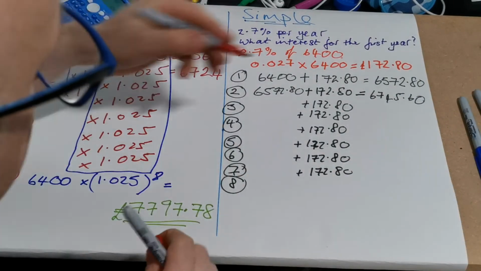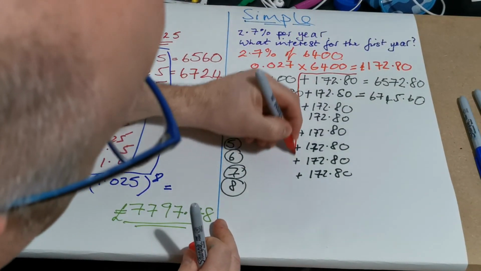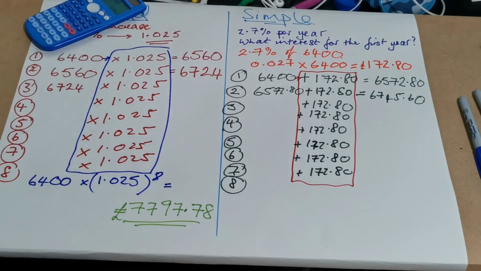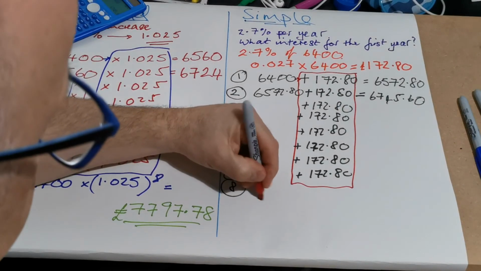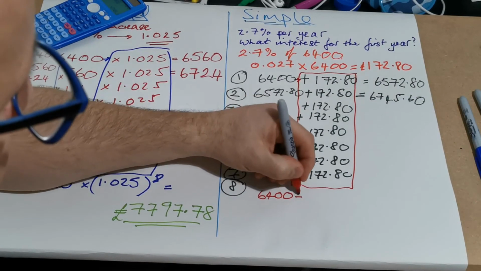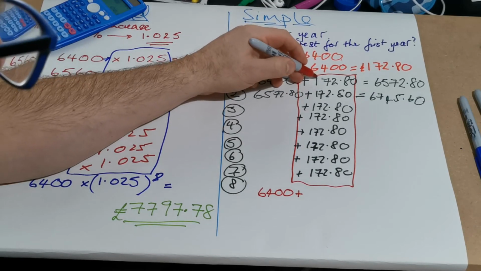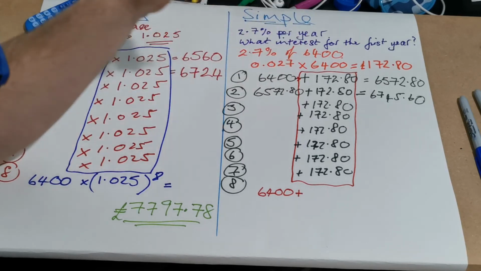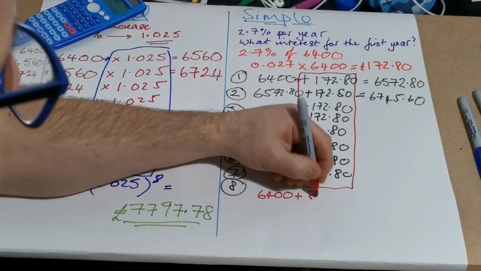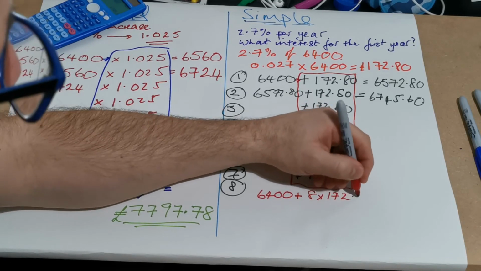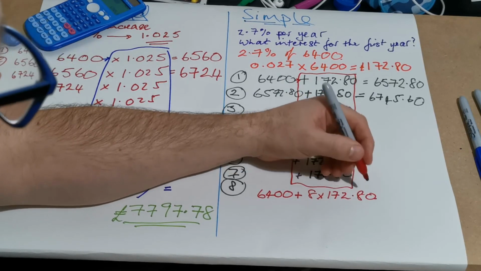When you look at this one, you can see what I've done altogether is I've done 6,400, adding on this amount, £172.80. I've added that on 8 times. So 8 times £172.80.